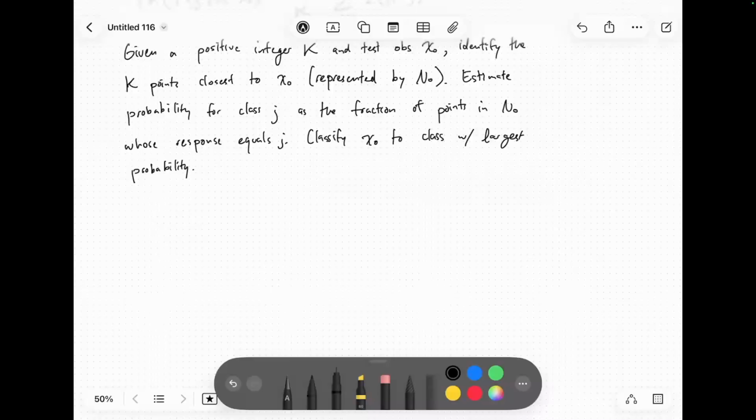So let's do an example. I think this is going to be the easiest to digest. I'm going to draw a little graph here, and we're going to have a couple of points. Looks something like this. And then we'll have something like so. Okay.